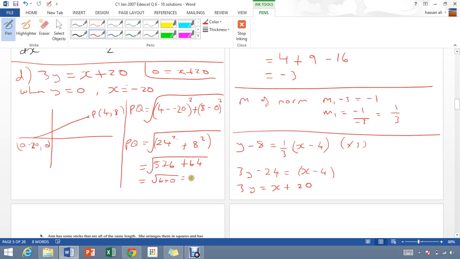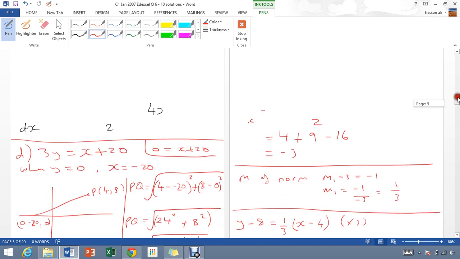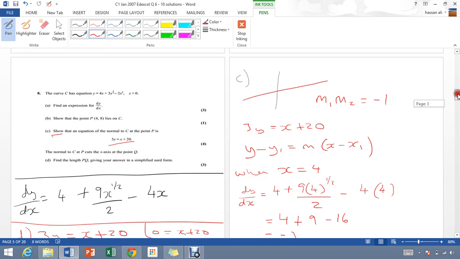You should be able to realize that's 64 times 10, and root 64 gives you 8, so that will give you 8 root 10. That will be your answer for question D, because they want it in simplified surd form.